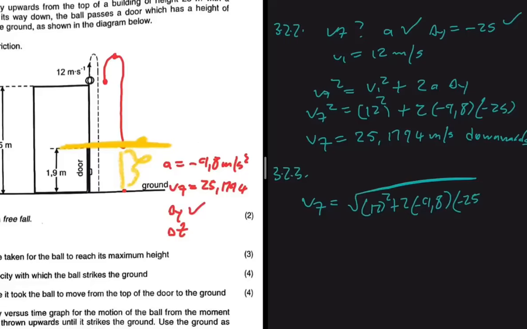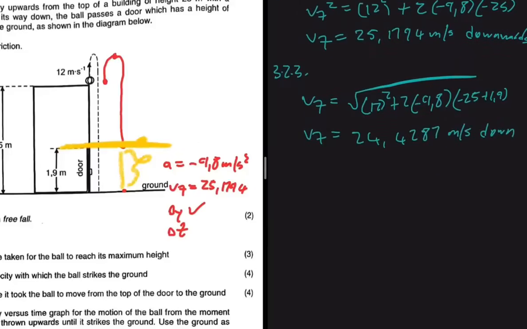Because then we have a minus, we're just going to add, so that we have a less delta Y. Think about it. I'm sure you're going to get it. So plus 1.9 here. If we compute that, we get VF equals 24.4287 meters per second downwards.